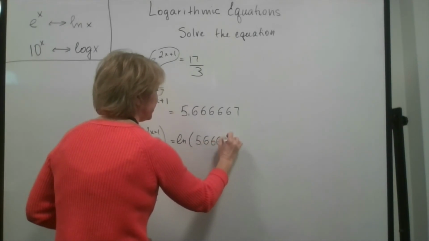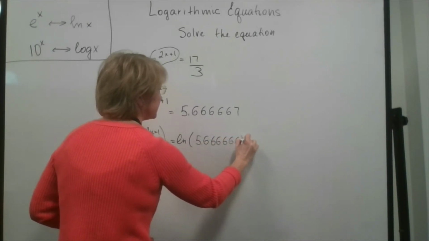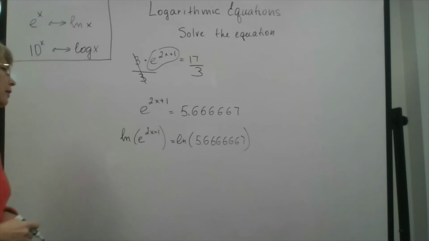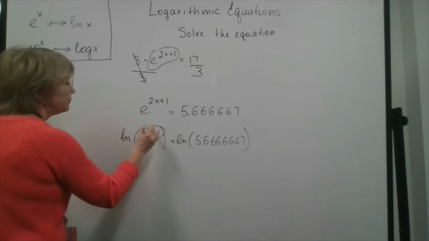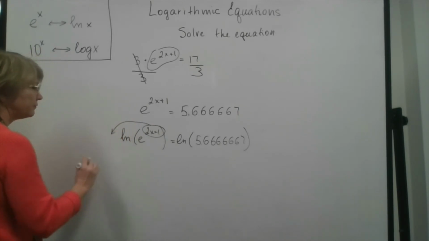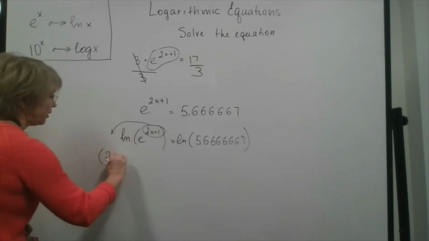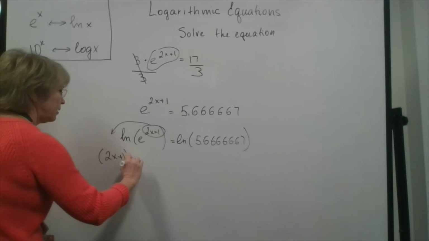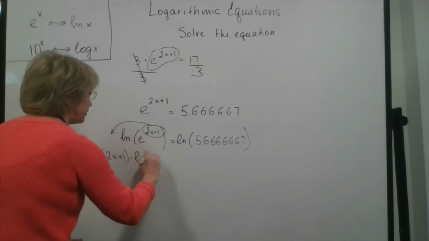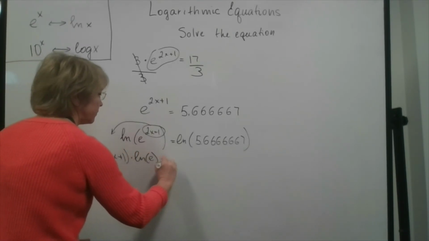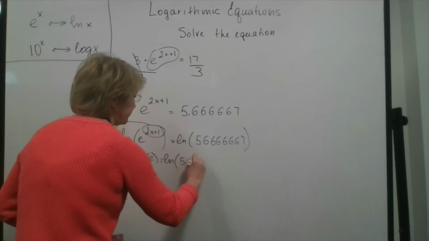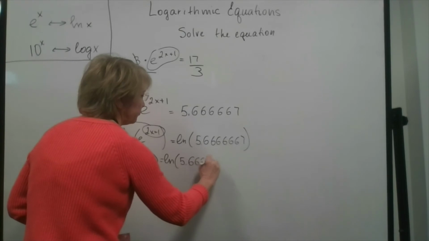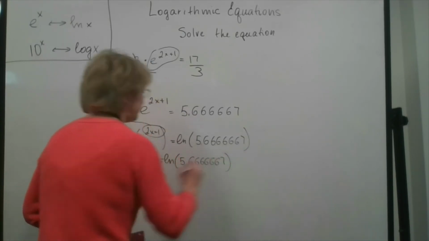We will move the exponent in front of the logarithm. It will be 2x plus 1 times natural logarithm of e, equal to natural logarithm of 5.6666667.